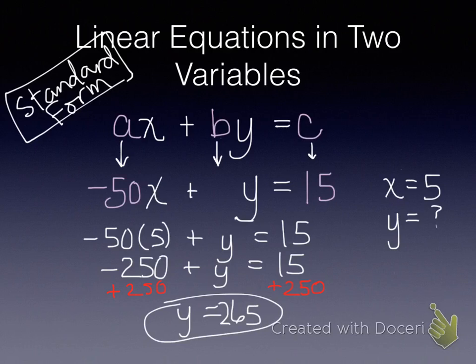So if x is 5, y is 265. There's one ordered pair that works, so there's one solution. Let's write it up here: 5 and 265.